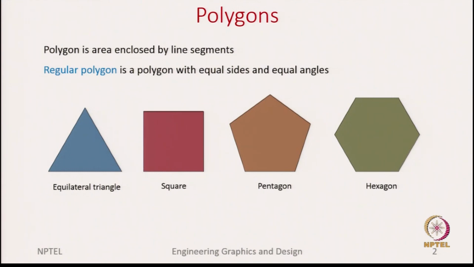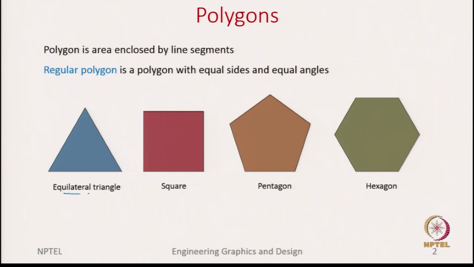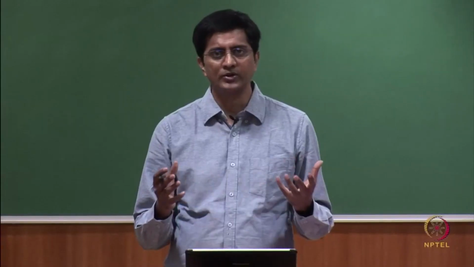What does that mean? For example, if you are talking about an equilateral triangle, we see that the three sides are of equal length and the angle between these sides is the same for all corners. The same thing goes with a square, only the difference is it is a polygon of 4 sides, and a polygon of 5 sides is a pentagon, a polygon of 6 sides is a hexagon. There is nothing new here, but just to have everyone on the same page.